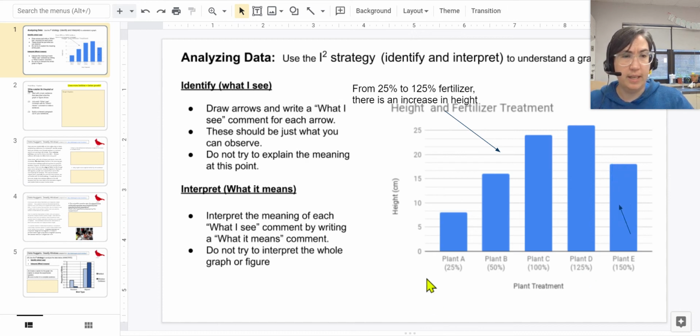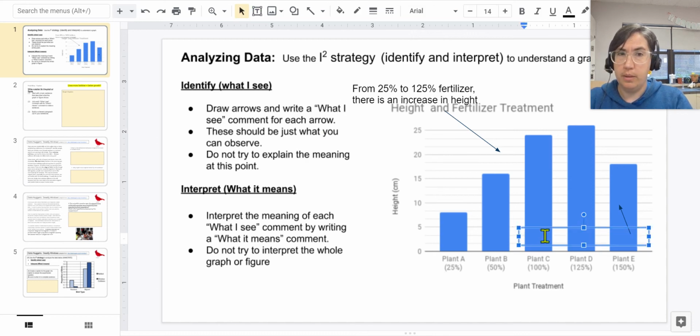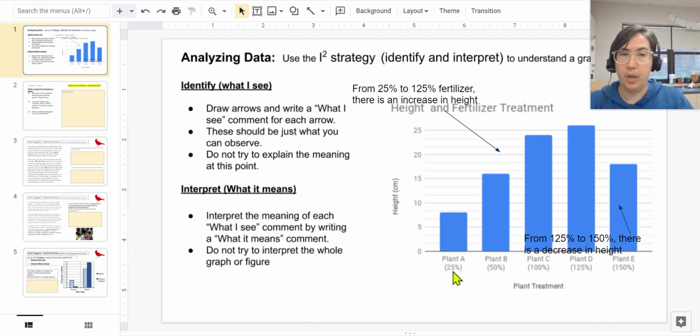So if I look at plant E, from 125% to 150%, there is a decrease in height. All right. Anything else we think is important? I think probably those are the big things that we see, right?